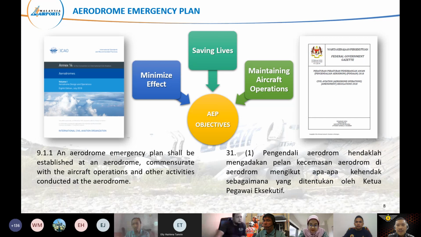And last but not least, to maintain the aircraft operation. The most crucial time in managing an emergency is the transition period from normal to emergency, as well as from emergency to normal. That is the most crucial period.